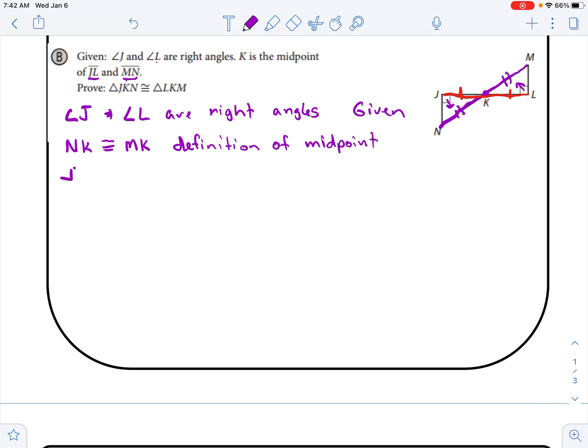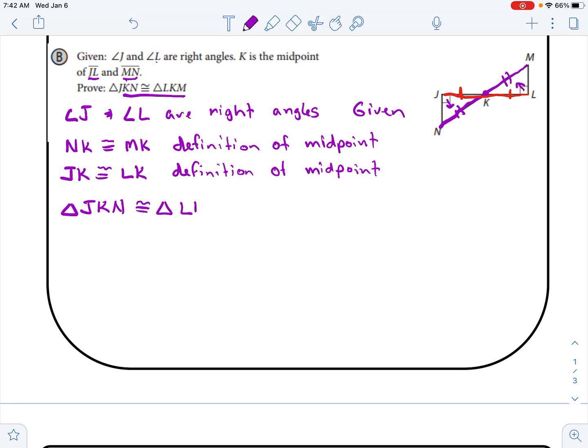Then we also know that JK is congruent to LK. Again, it's the same thing, definition of midpoint. So then the last thing is my statement here: triangle JKN is congruent to triangle LKM. How do we know that? Because of our HL theorem.